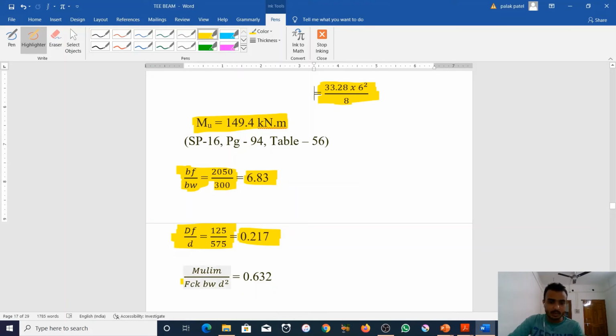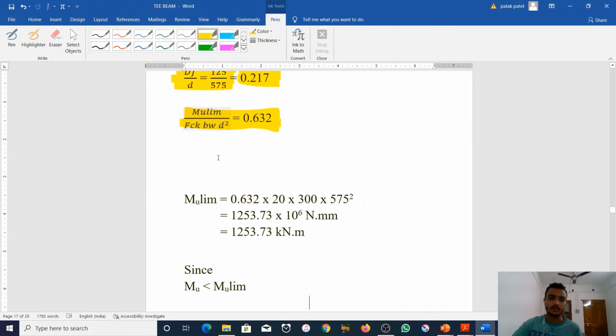I take 0.632 by some calculation. So I got Mu limit divided by FCK BW D square, and this value is 0.632.